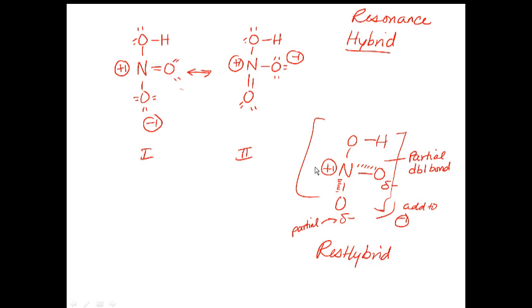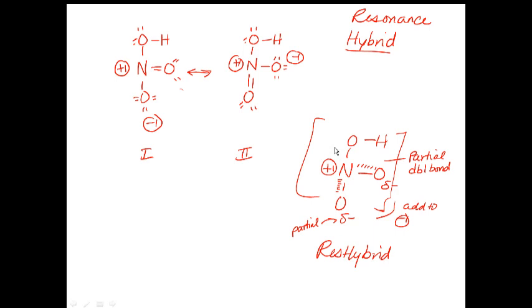Okay, so that's what people found when they addressed the issue of two possible Lewis dot structures. What's the true structure? The true structure is the resonance hybrid between them. Now, that still doesn't answer the question of what about structure 1 and structure 2? Well, you could say, I don't really care about those.